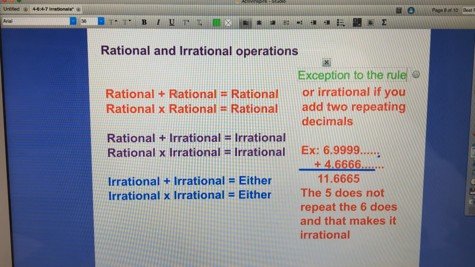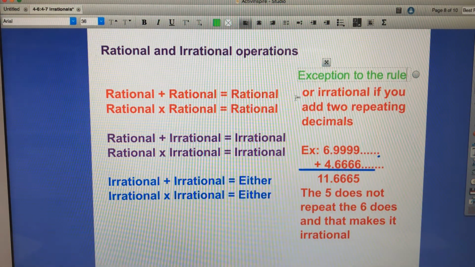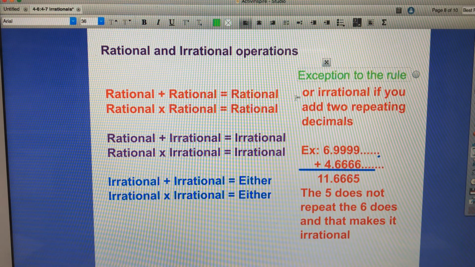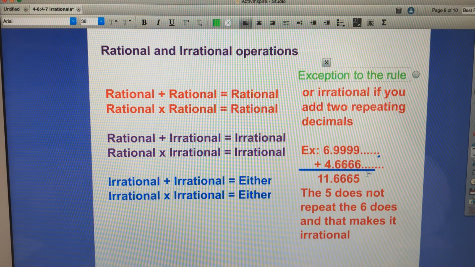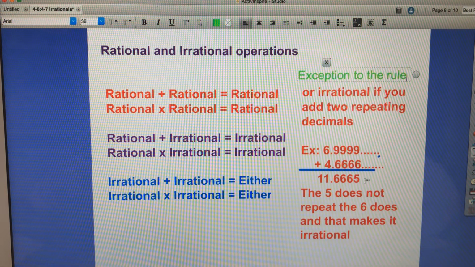Here, if I am adding 2 rationals or irrationals, if you add 2 repeating decimals, the 5 does not repeat. The 6 does, and that makes it irrational. So take a look.